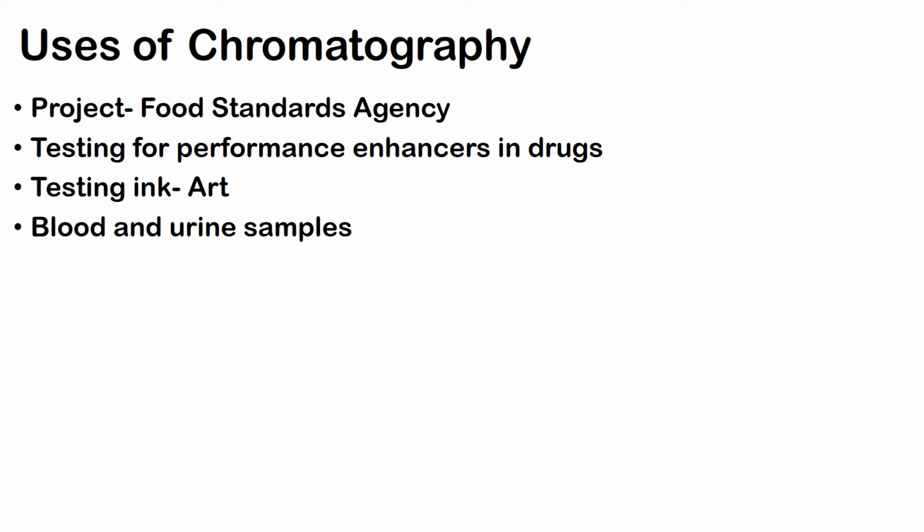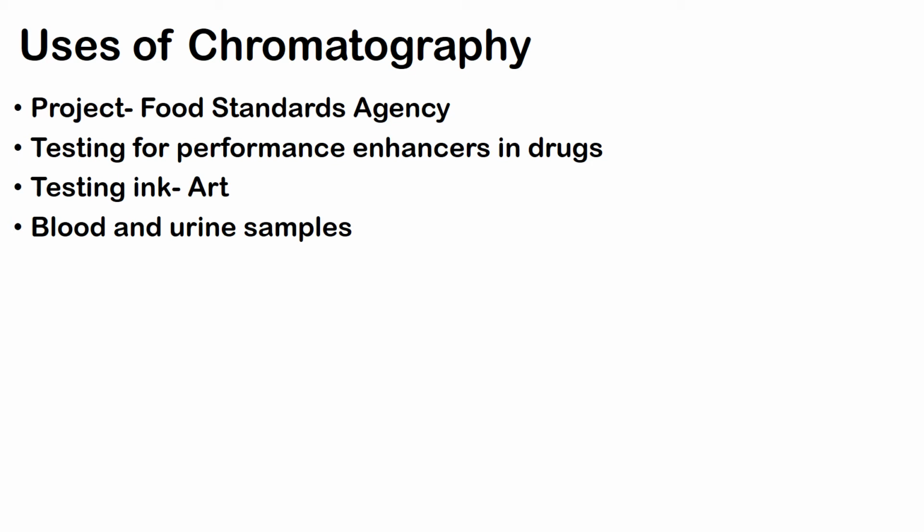So sometimes it's because, in colorants in particular, they've been linked to hyperactivity in children or something like that. And so the Food Standards Agency will do checks on different food manufacturers to make sure that they're using food colorants that are allowed and that aren't on the banned list. So they'll carry out chromatography and compare it to the banned substances, and if the spots match, if they're in the same place, then they know that the food manufacturers are using colorants that they should not be.